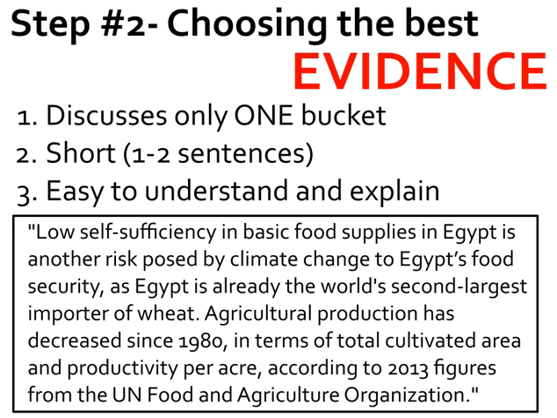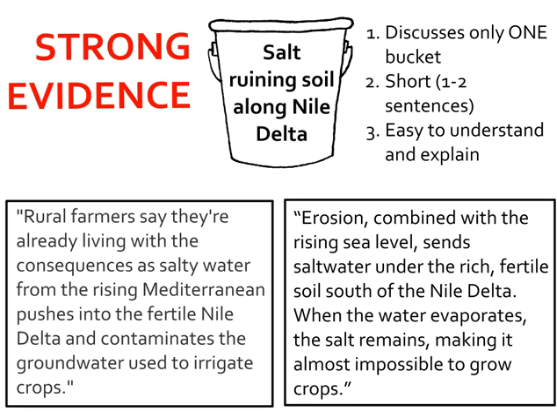So I want to make sure that I choose evidence that I really understand, that is fairly short, and that discusses only one topic. So here's an example of 2 pieces of evidence that fit those 3 criteria for my bucket about how salt is ruining the soil along the Nile Delta. Two pieces of strong evidence. So let's look at one.